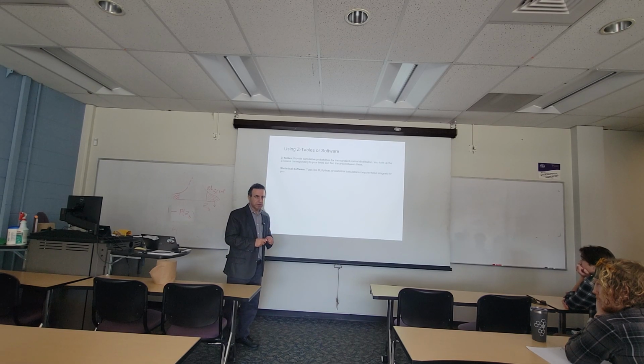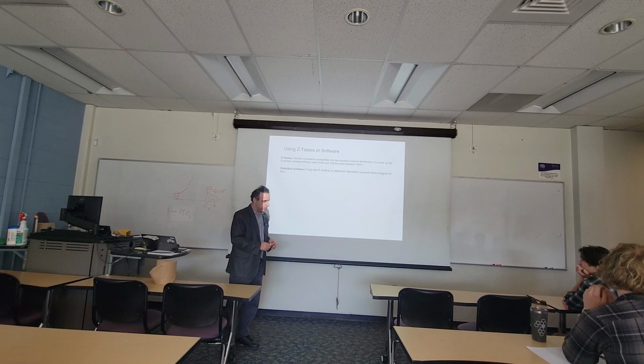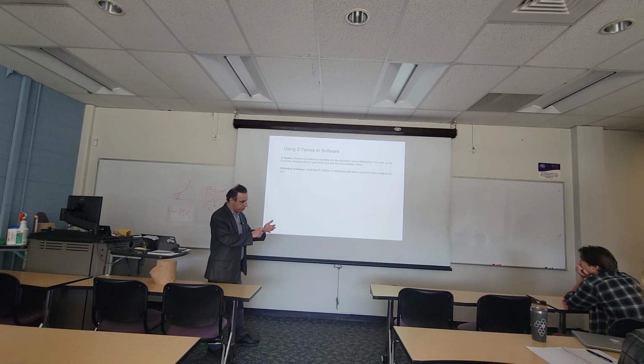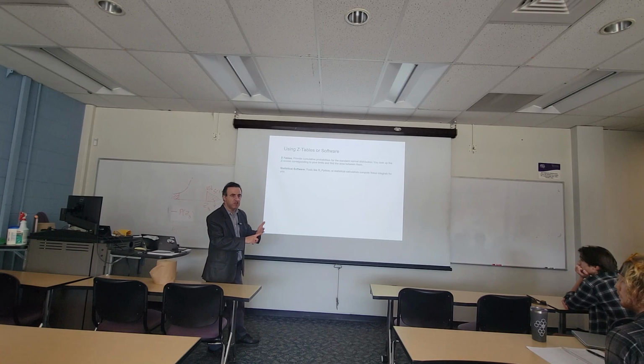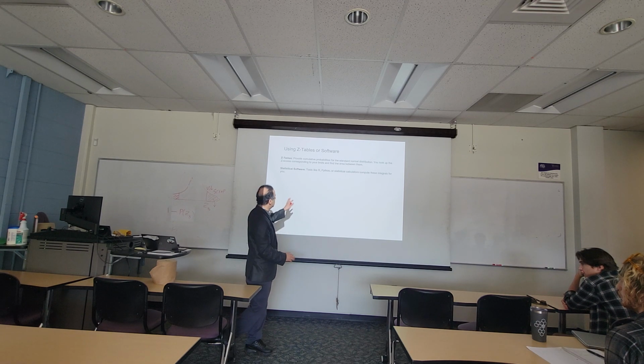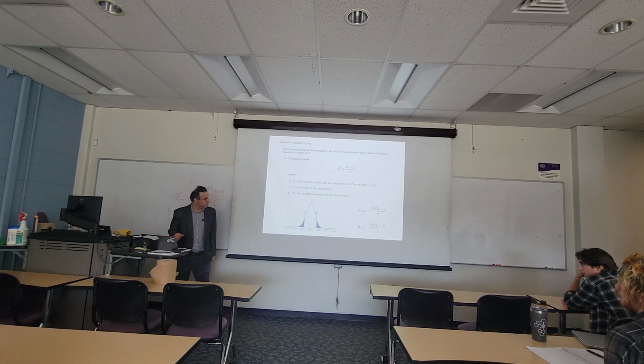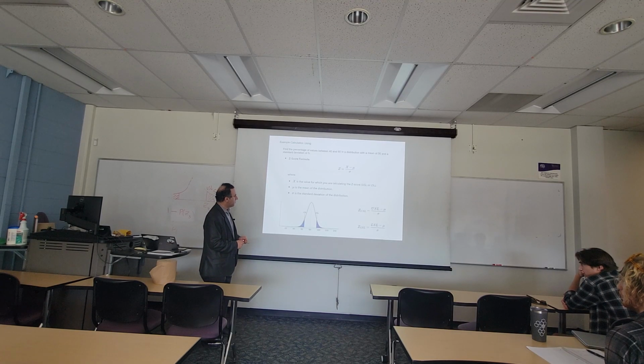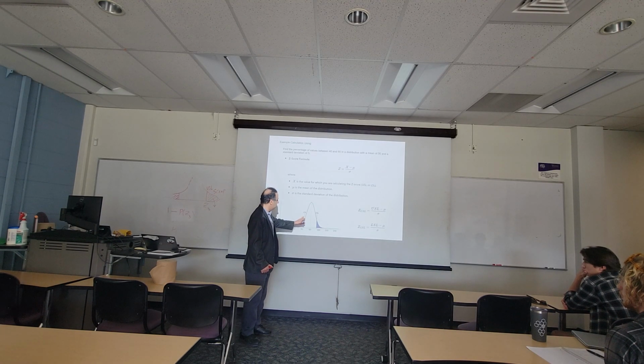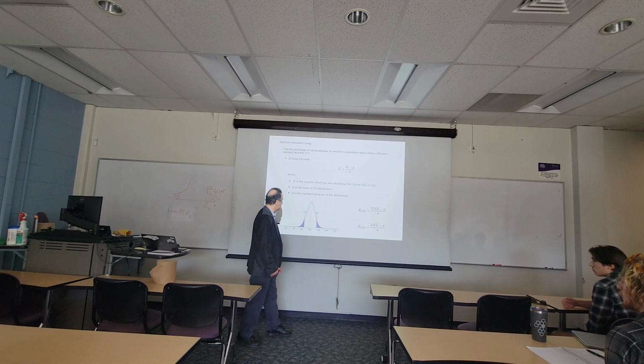You put in your information: average, standard deviation, and any point of interest, the X. Based on those three pieces of information, it will give you the probability for any certain point. So this is what I said before: LSL, lower specification limit, and this is upper specification limit. It depends on your production.